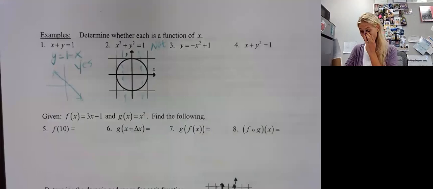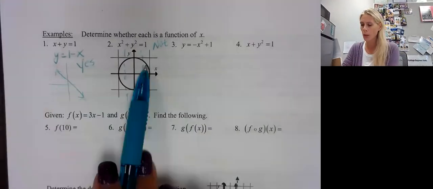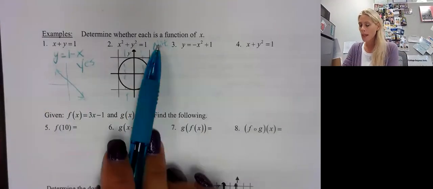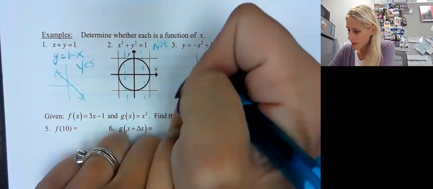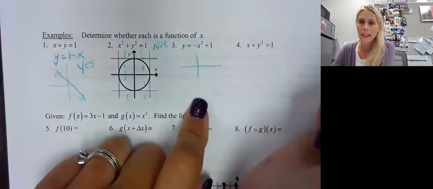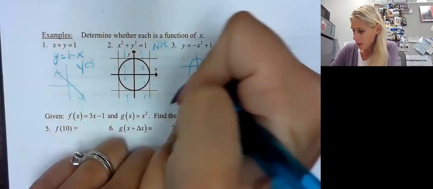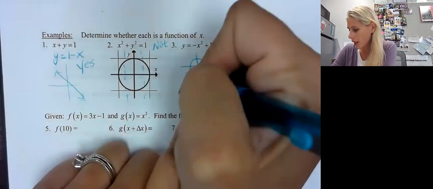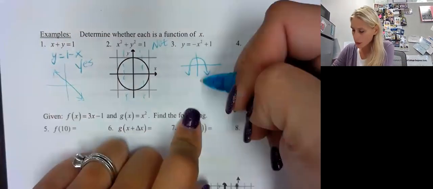So here, both of the exponents were 1, and it was yes. Both of them are 2, and it's not, so not a function. Here, let's keep in mind, what's an x squared, and what happens when it's negative and we add 1? That looks like this. So if we did the vertical line test, it works, right? We only go through it once, so yes.